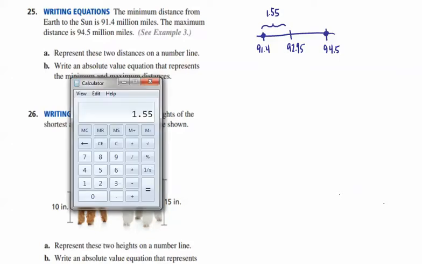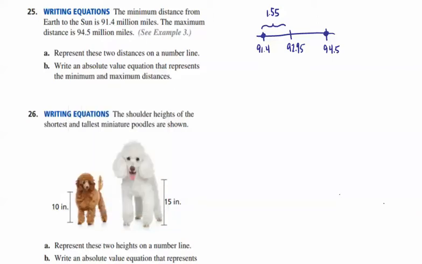And if we were to go with 94.5 minus 92.95, we should get 1.55 again. And so the distance from the center to the right endpoint is 1.55.